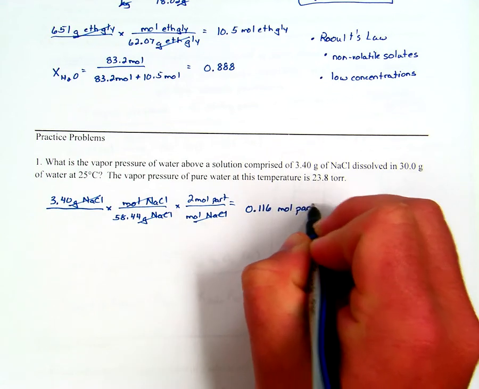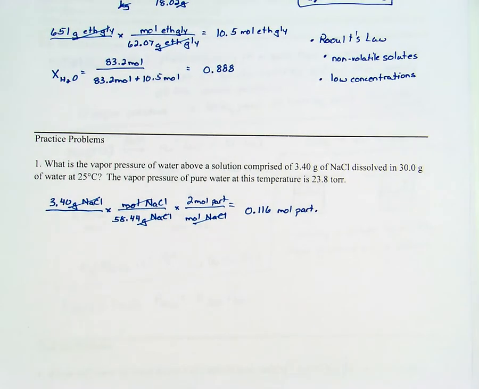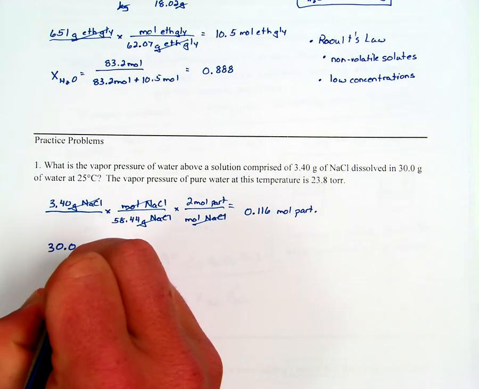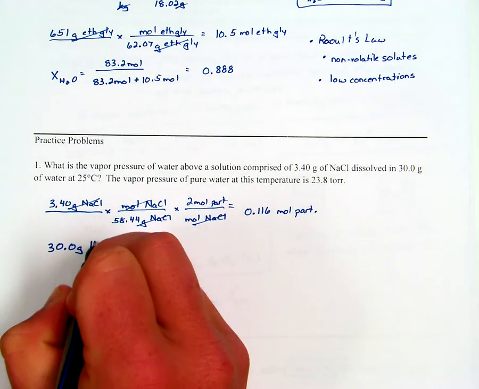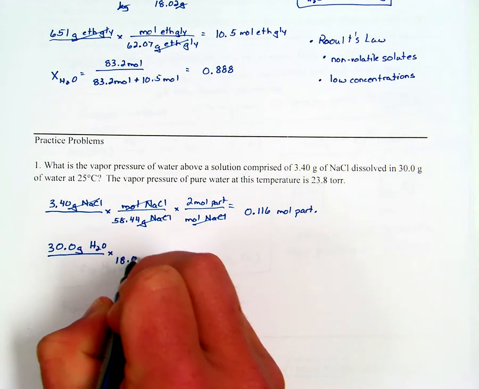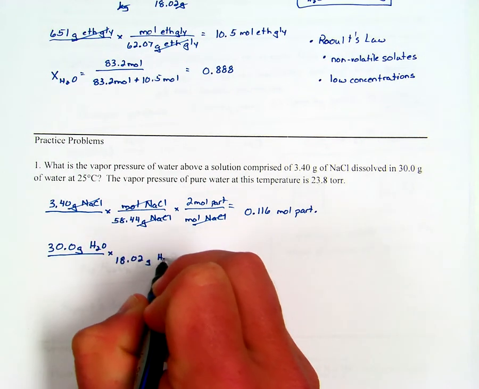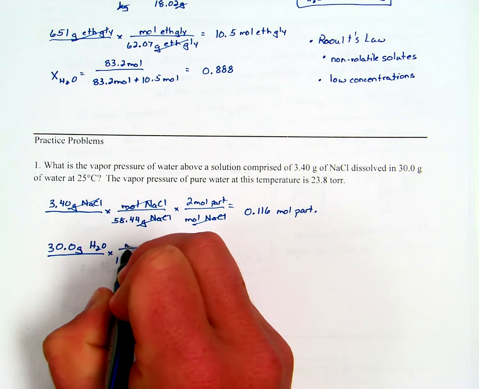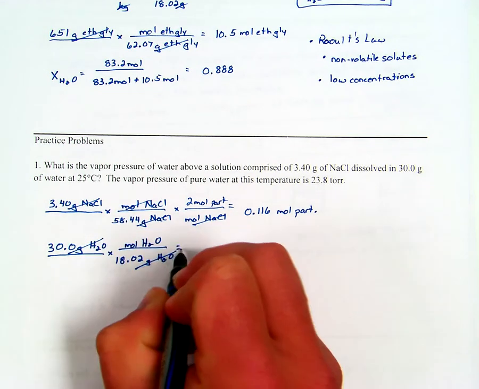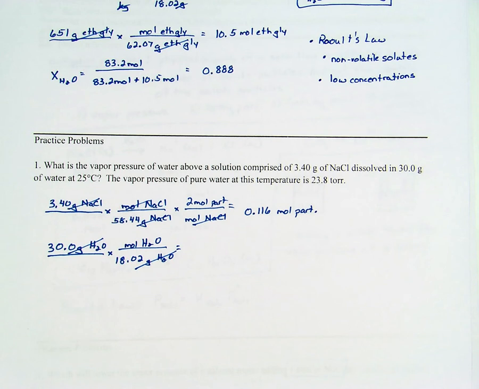We have 30 grams of water, and molar mass is 18.02 grams per mole. So 30 divided by 18.02, I get 1.66 moles of water.